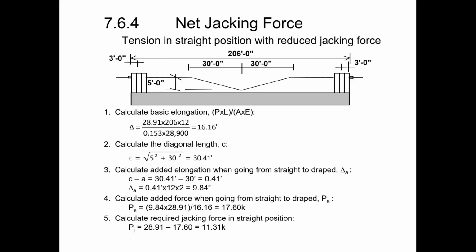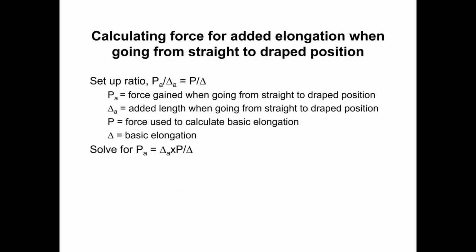All right, we've already calculated that we get 16.16 inches of elongation for an applied force of 28.91 kips. So we can set up a ratio to determine how much force we get from 9.84 inches of elongation. So this next slide shows us that.